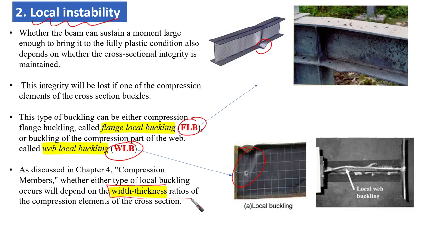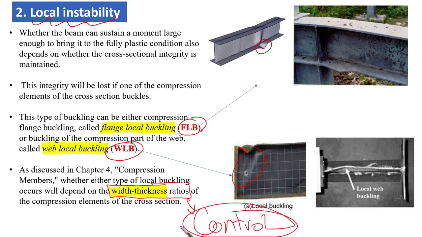Exactly, we need to control the width to thickness ratio. So if I ask you, at the end, what are the measures to restrain global instability? Number one is bracing, whether it is stability bracing or torsional bracing. However, the measure for resisting local instability is through width to thickness ratio control. This is what you should know.